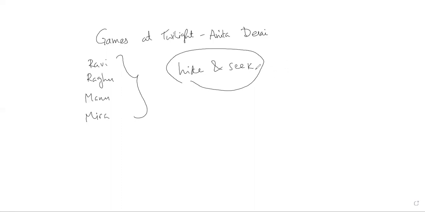So before they start their game, they determine who the seeker will be. Here for the seeker, this term has been used: it. They decide who will be it, and it means a seeker. So it has been decided by them that the seeker will be Raghu. Raghu has become the seeker.